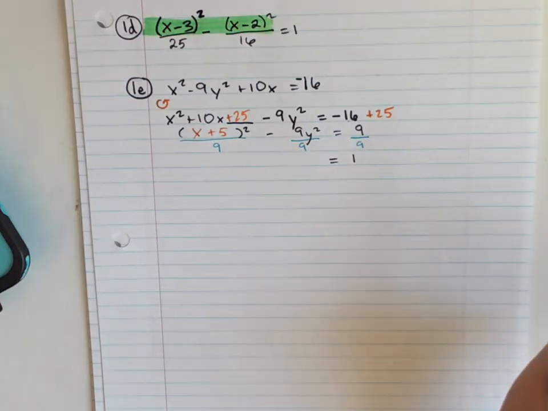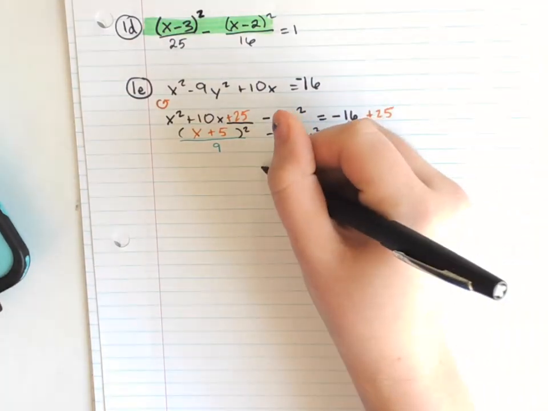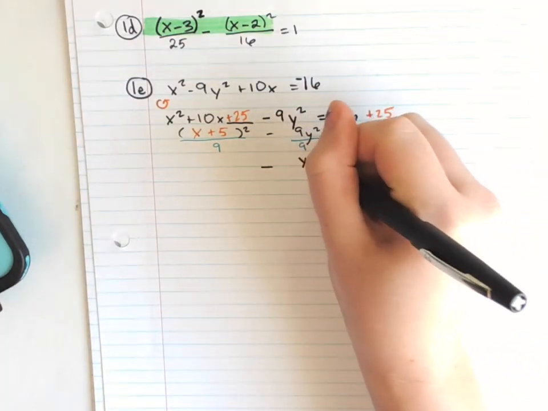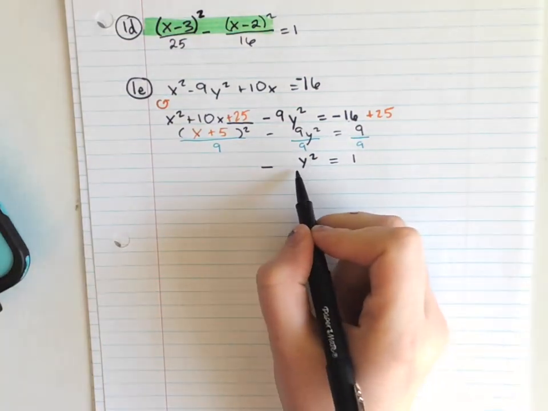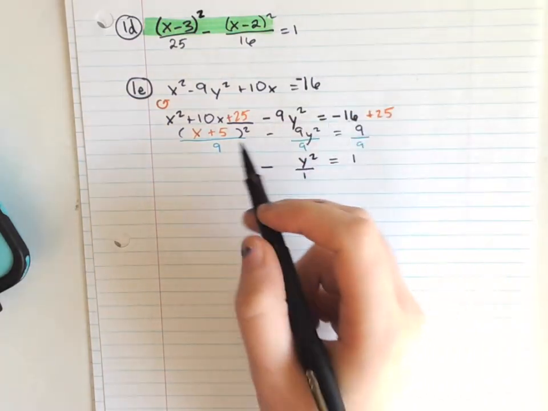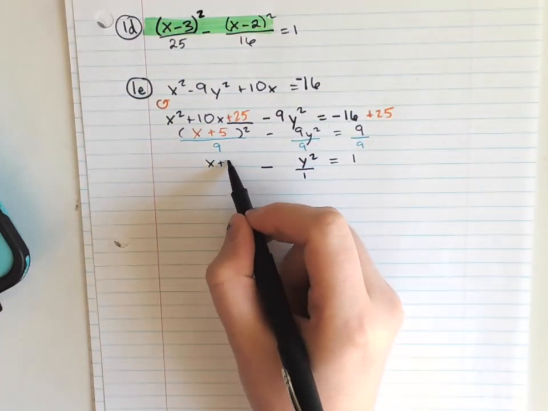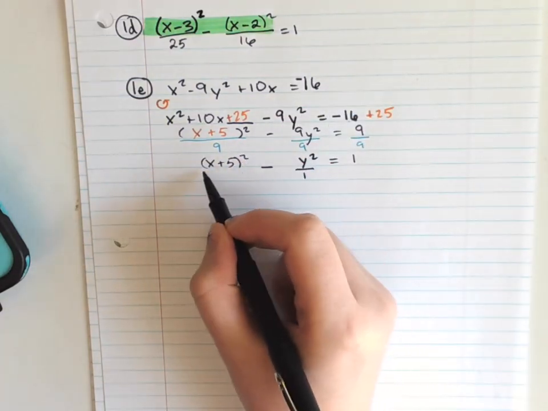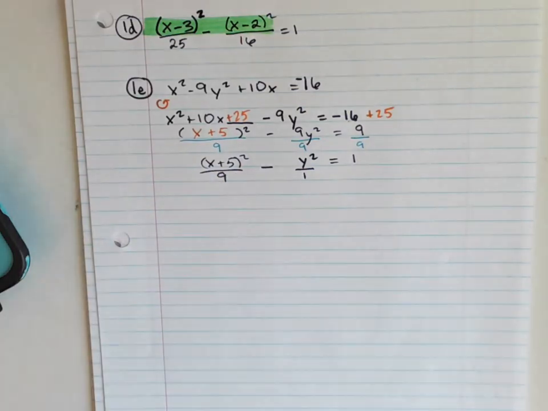These 9s cancel each other out, and I've got y squared. You could put y squared over 1 if you like the standard form looking that way. And then this just stays x plus 5 squared over 9. And we're in standard form.